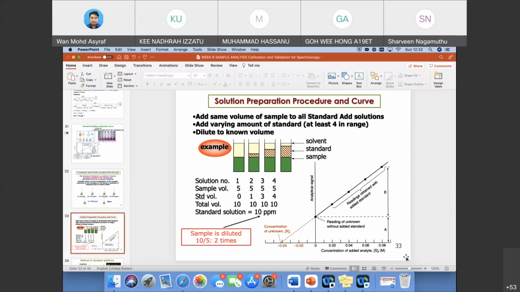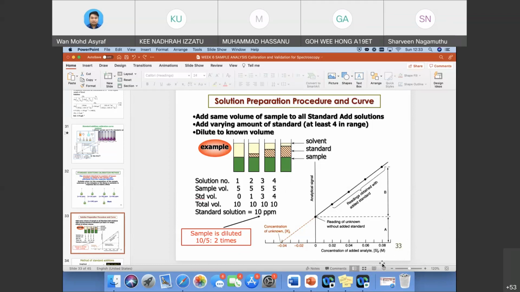So it's said here, readings obtained with the added standard. Reading of unknown without added standard. Okay, so you have your intercept. You will have your straight line here, and you have your intercept here at an increased point lah. It will not be zero because your sample here, even without the addition of standard, would create some sort of signal.